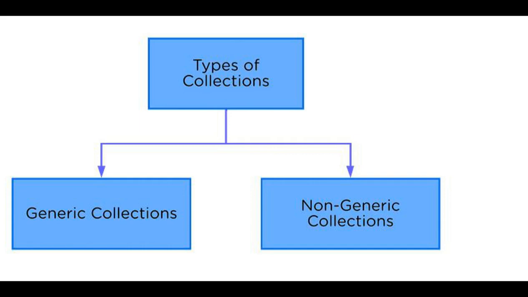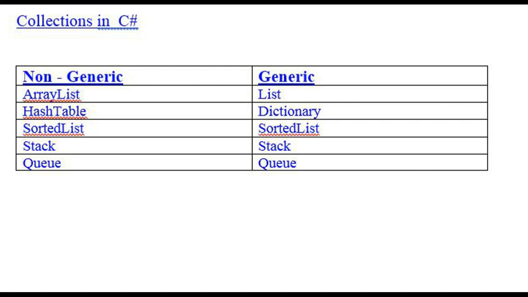These classes support stacks, queues, lists and hash tables. So the non-generic collections include things like the array list, hash tables, a sorted list, a stack and queue, and then the generic ones include things like a list, a dictionary, a sorted list, a stack, and a queue. And we're going to be coding up some of these going forward.